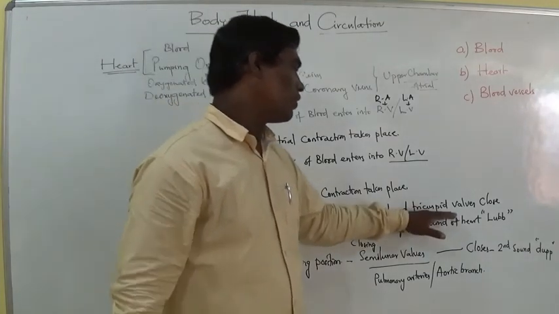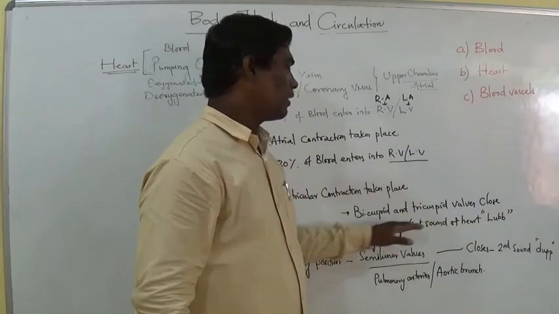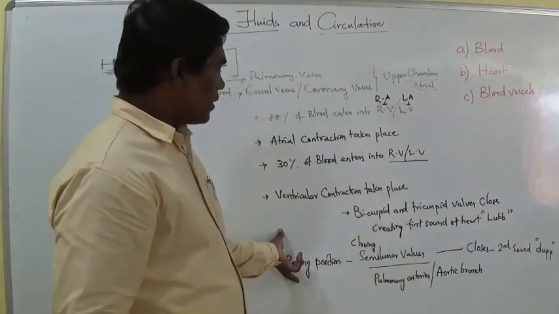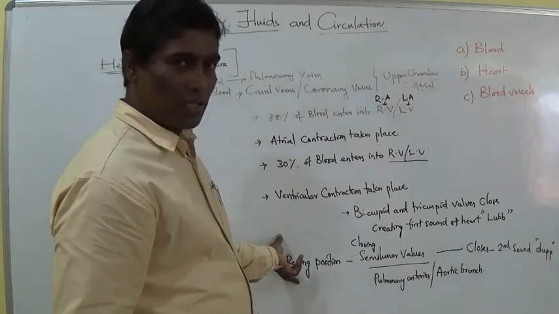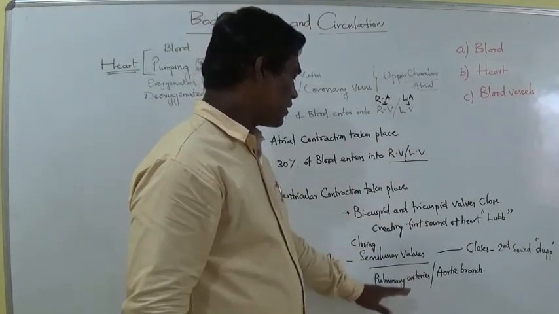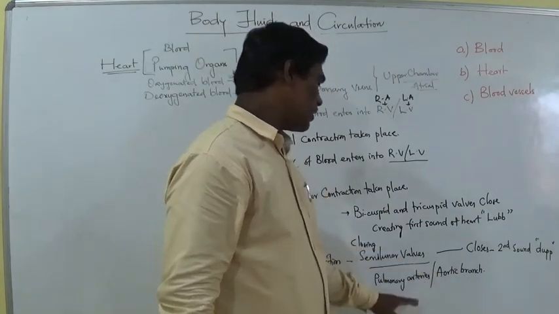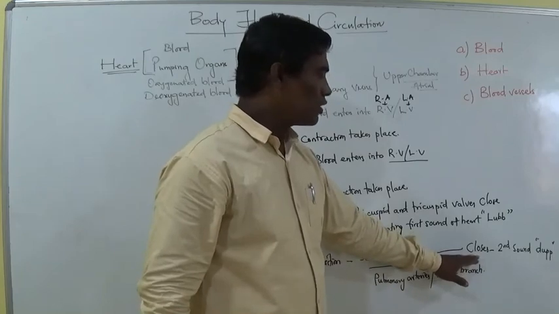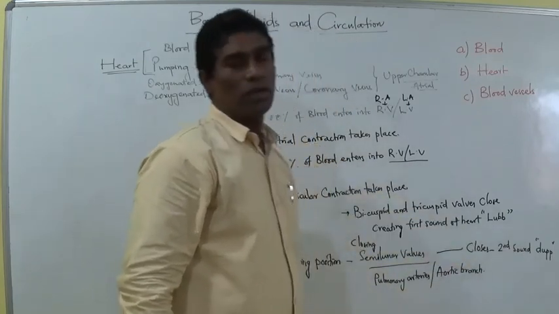The bicuspid and tricuspid valves close, creating the first sound, lub. Before the ventricles enter the resting position, closure of the semilunar valves takes place, creating the second sound, dub.